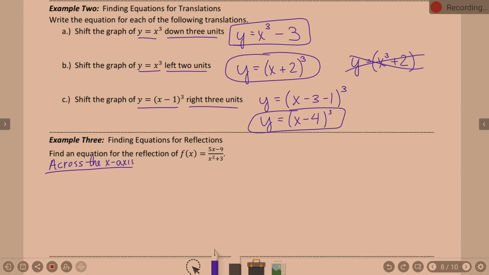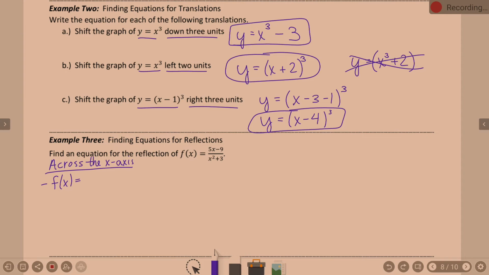What's my chart say about reflecting across the x-axis? Okay, so we're going to have negative f of x. Negative f of x means you take the equation and multiply by a negative.